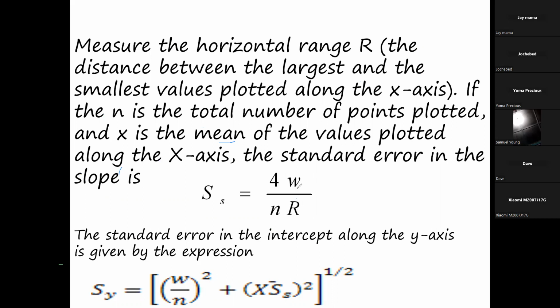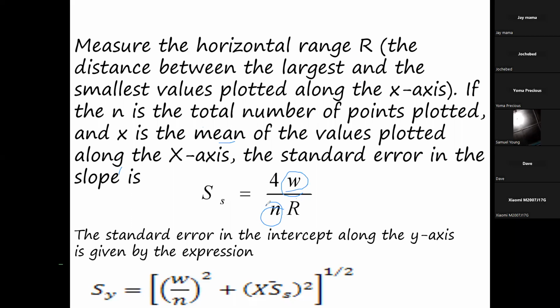Your W is known as the vertical scatter. Take note of that. N is known as the number of points that you plotted on your graph.